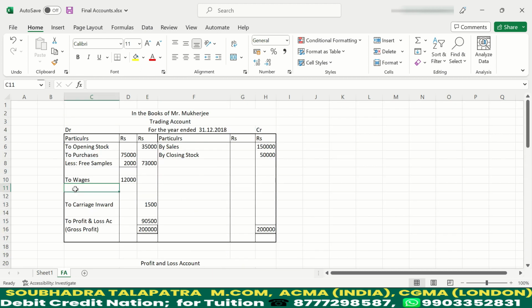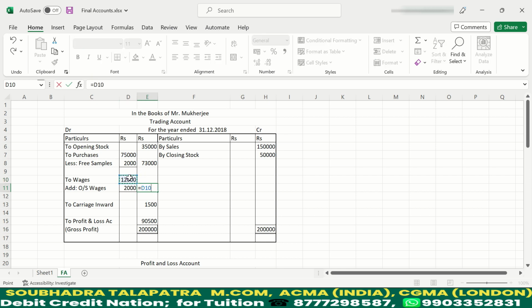So find out wages, add outstanding wages. How much? 2000. So now in the balance sheet, 12,000 minus 2000 is 10,000.